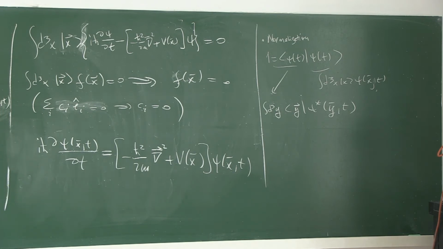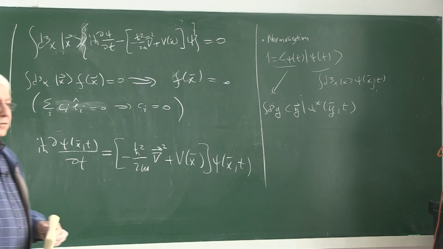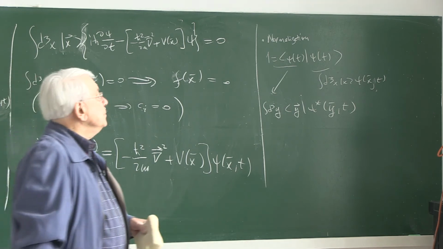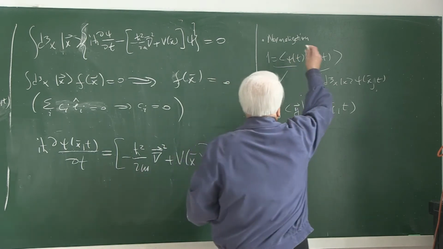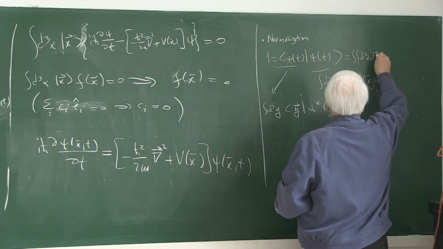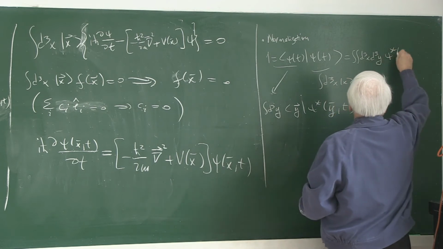When you are in the ket space and go to the bra space, you complex conjugate the numbers, Hermitian conjugate the operators, bras correspond to the kets, etc. There's a set of rules, right? So what is this thing then? This thing is d cube x, d cube y, psi star of y, t.